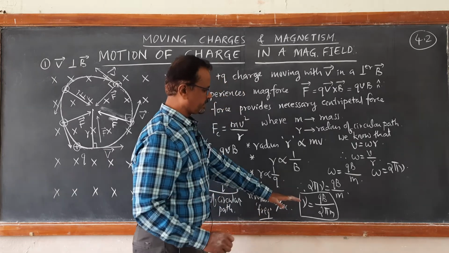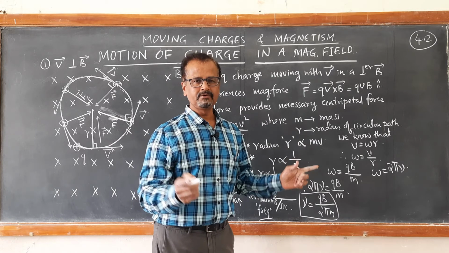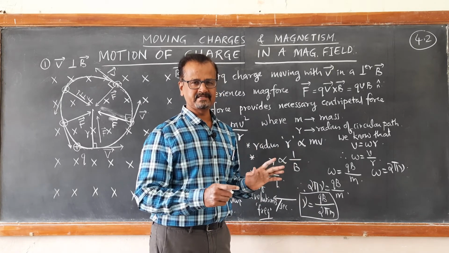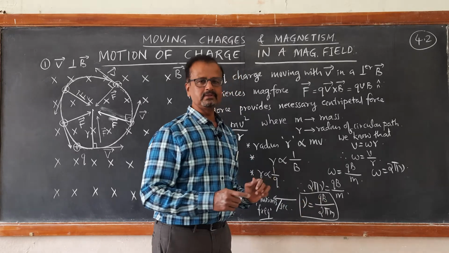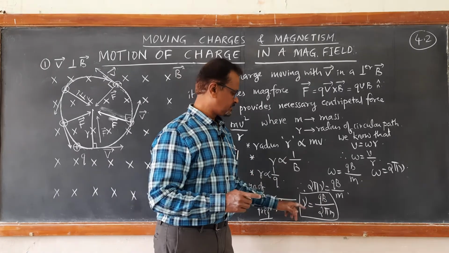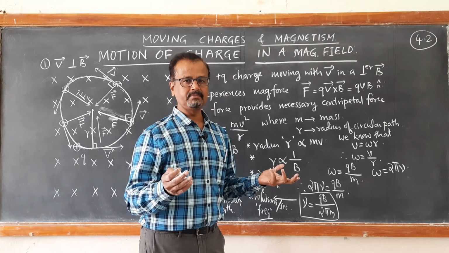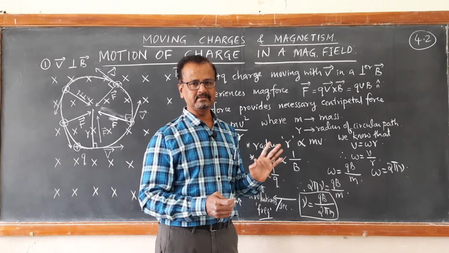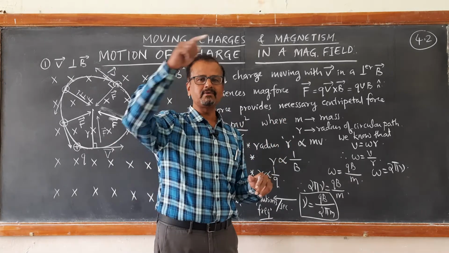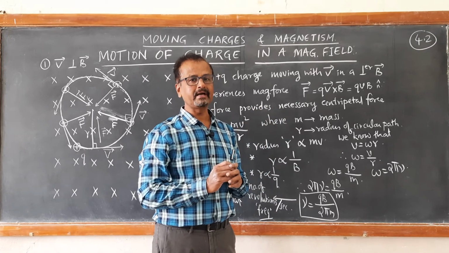This is very interesting: frequency is independent of velocity, and frequency is independent of radius. Frequency is directly proportional to the strength of the magnetic field, directly proportional to the charge of the particle, and inversely proportional to the mass of the particle. Frequency is nothing but the number of cycles per second in a given strength of magnetic field.